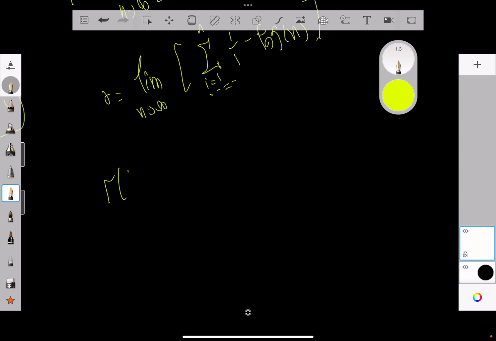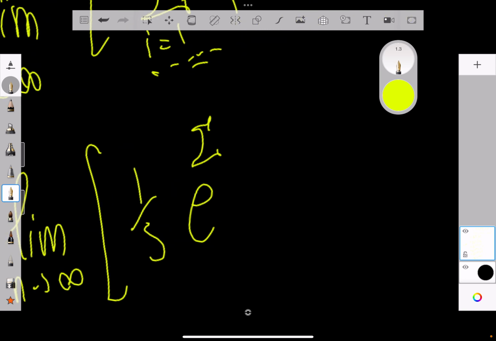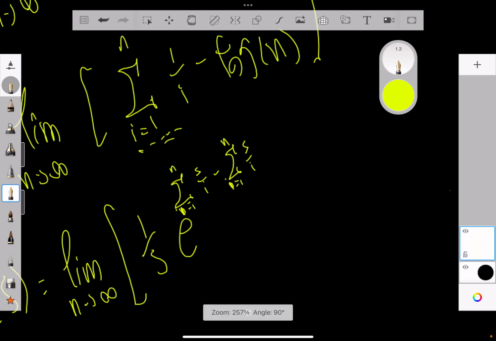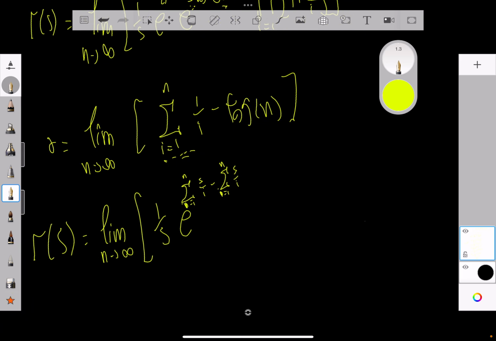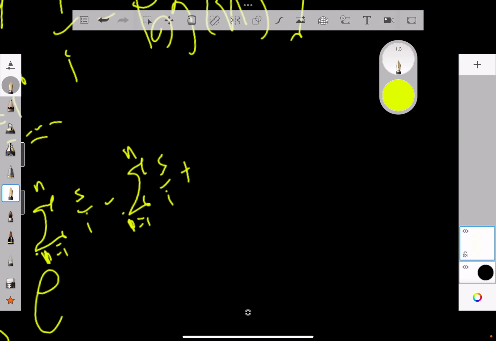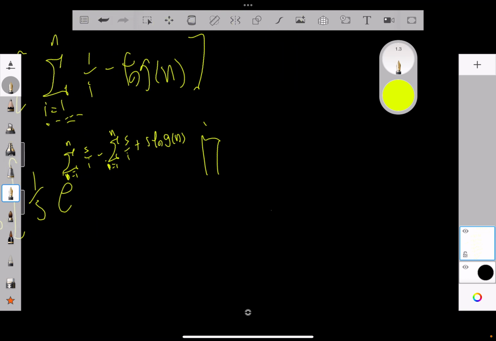So gamma of s equals the limit as n approaches infinity of 1 by s, e to the power of the sum for i equals 1 to n of s by i minus the sum from i equals 1 to n of s by i, multiplied by e to the s log n, which is plus s log n. We're getting closer.